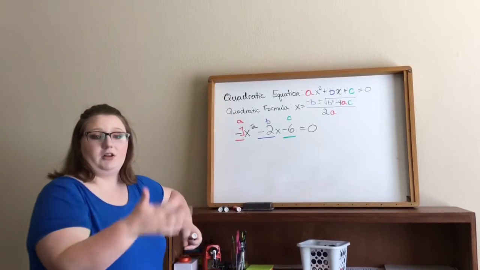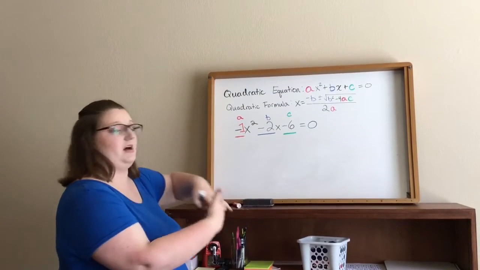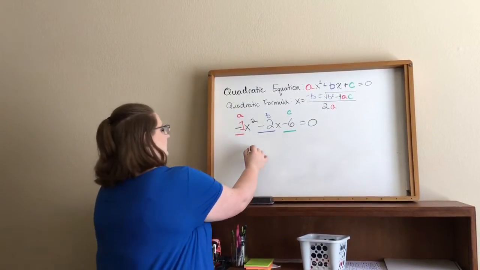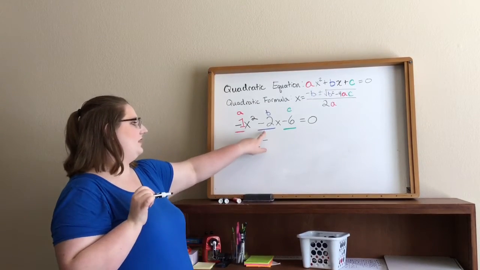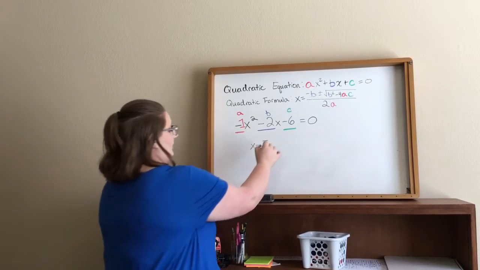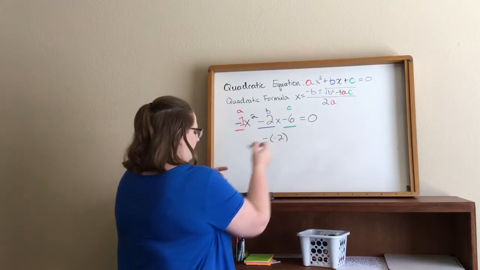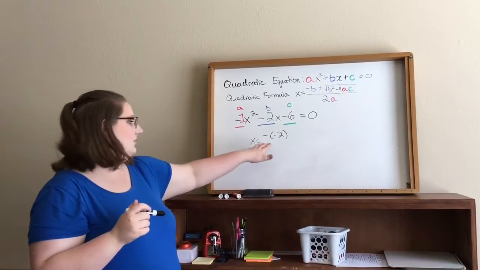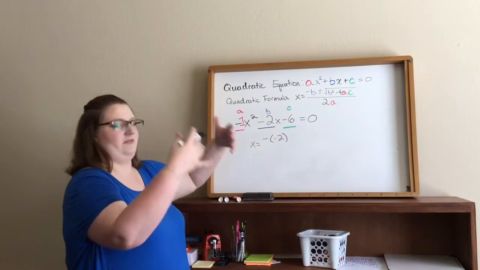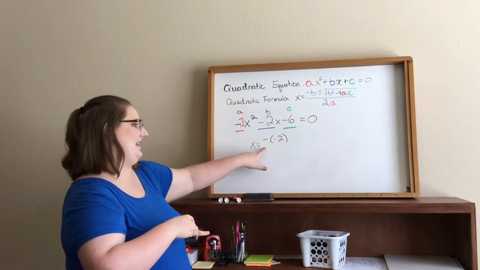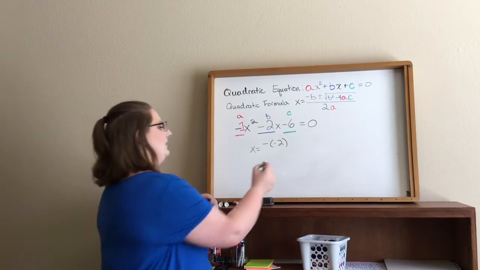So now that we know all of those numbers, we can plug them into the formula. So x equals negative b, so negative 2. Even though b was negative here, we still include the negative in front of b a second time because it's negative b. So it's going to change that sign: negative negative 2.